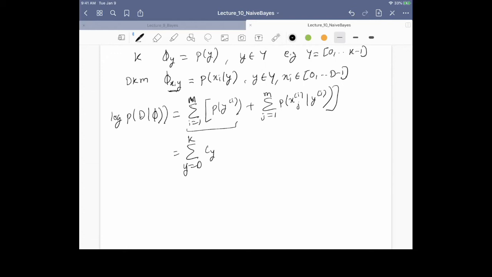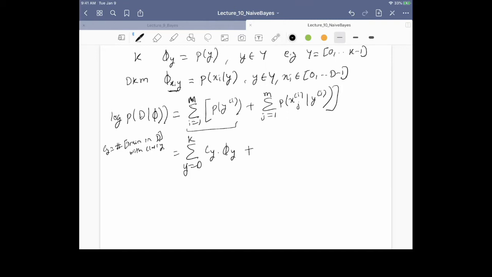And here I have the count, c_y. c_y is the count of the examples, so c_y is equal to the number of training examples in D with class y. So you can write this as c_y multiplied by this particular parameter, which is phi_y.